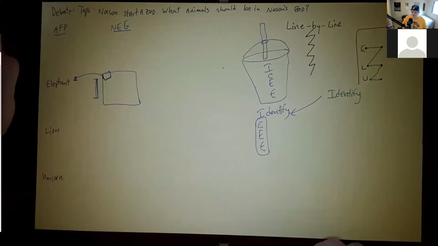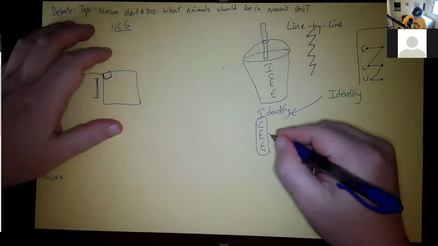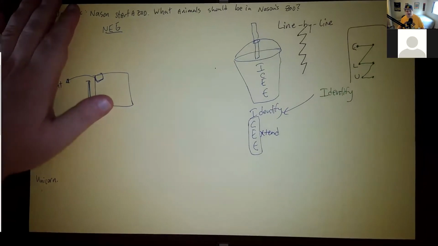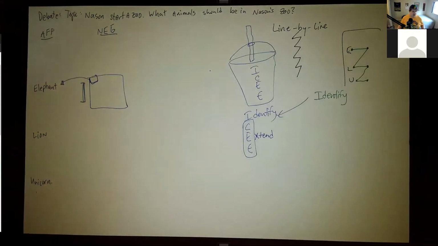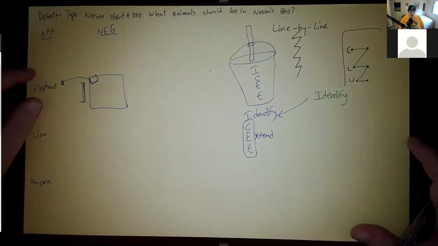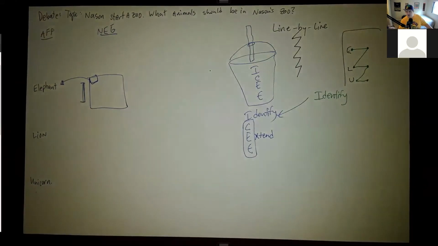So the first thing that we're going to go over is the notion of extending, or an extension. I'm sure you've heard about this before because you've done PF, but extending is just saying, hey, remember something that we said in a previous speech that should still matter, something that we should still care about. An example of this in our counterplan debate this morning: you read the AIDA, I said an analytical no link argument.